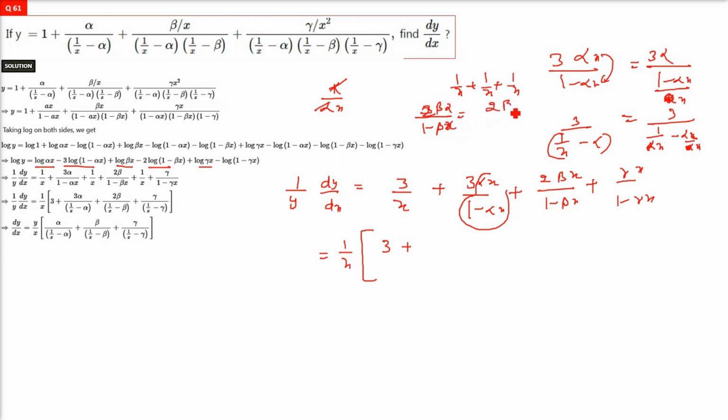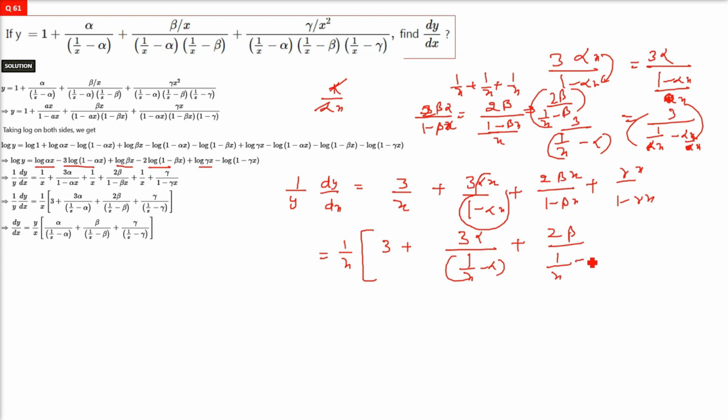So 2 beta will remain in the numerator, and 1 minus beta x by x is 1 by x minus beta. Third also you will get 1 by x minus gamma. So 3 plus 3 alpha by 1 by x minus alpha plus 2 beta by 1 by x minus beta, and this gamma term, gamma by 1 by x minus gamma.